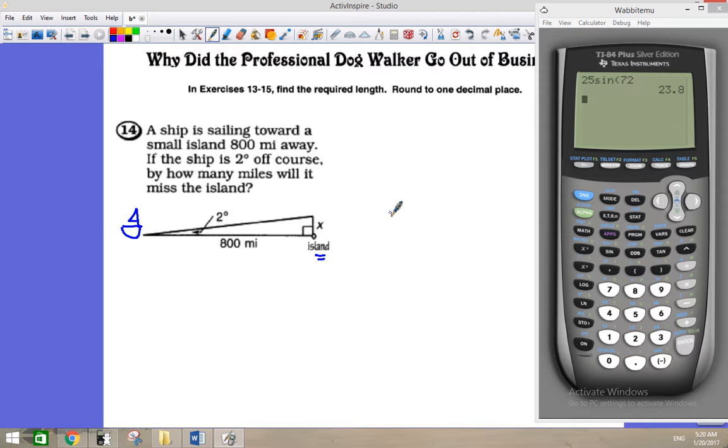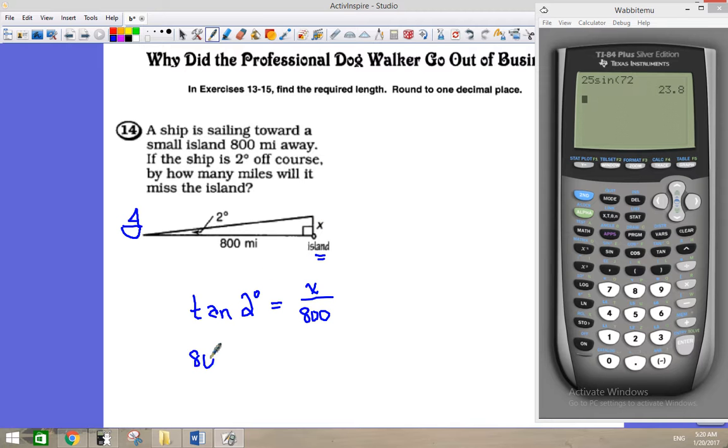All right, so with respect to this 2 degrees, the x and the 800 are the opposite leg and the adjacent leg of this right triangle. So let's use tangent. The tangent of 2 degrees is equal to this ratio of x divided by 800.